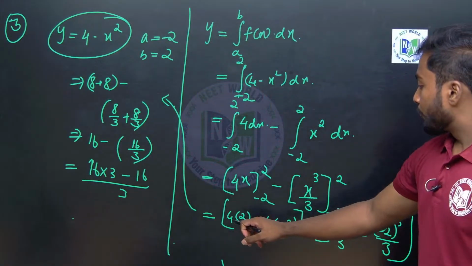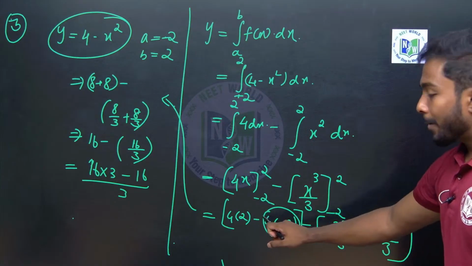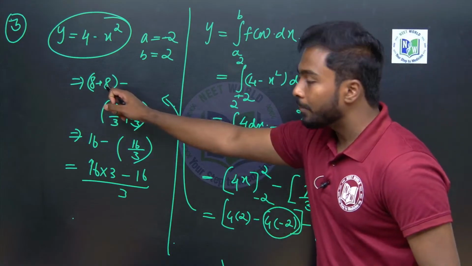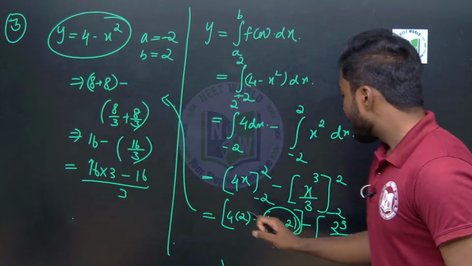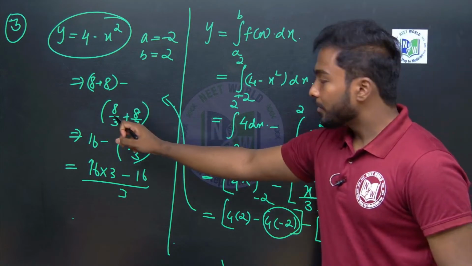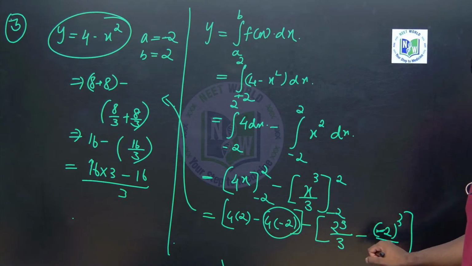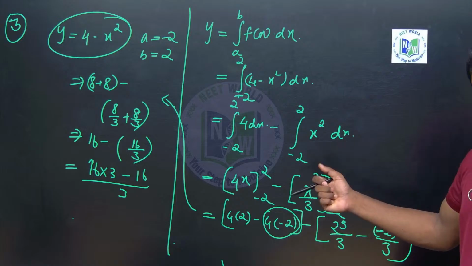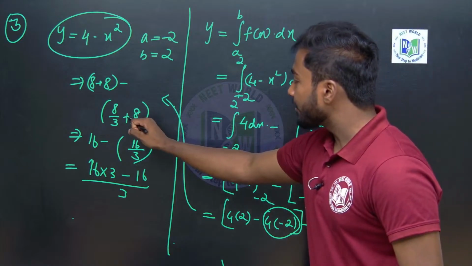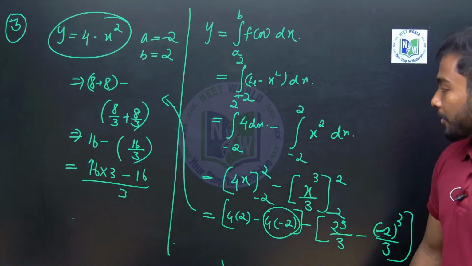So 4 2s are 8 minus, again 4 into minus 2 is minus 8. So minus of minus will be plus. So 8 plus 8. So keep the minus as it is. Now 2 cube is 8, 8 by 3. So minus of minus 8 by 3, again I will get minus, so minus of minus will be plus. So 8 by 3 plus 8 by 3 I will get 16 by 3.